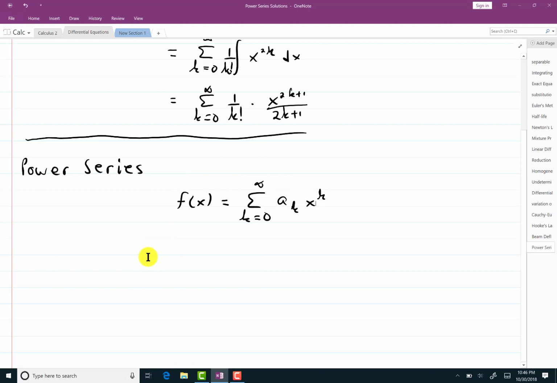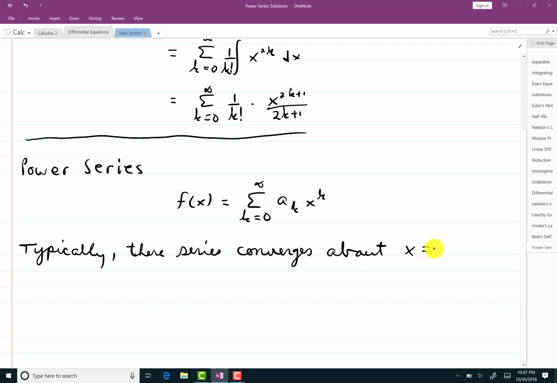We're going to mostly just manipulate these things and not really appeal to a lot of the details on them. But you should know, typically when the series converges, it converges about some number, let's call it x equal to a, and then you would have an interval of convergence.